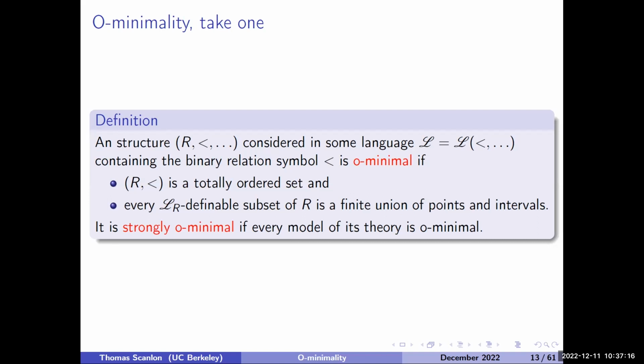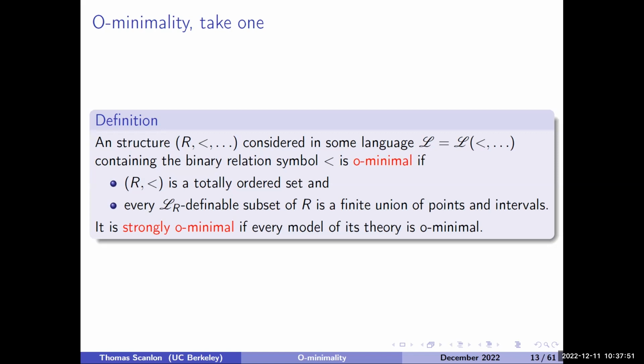What can go wrong is that in your given structure, you can define, in some uniform way, a set which is 5 points, and another one is 10 points, another one is 500 points, and it goes off to infinity. Then when you go to an ultraproduct or some elementary extension, you could plug in some parameter, and you can define a set that's infinite, but it's discrete. That doesn't actually have an interval.